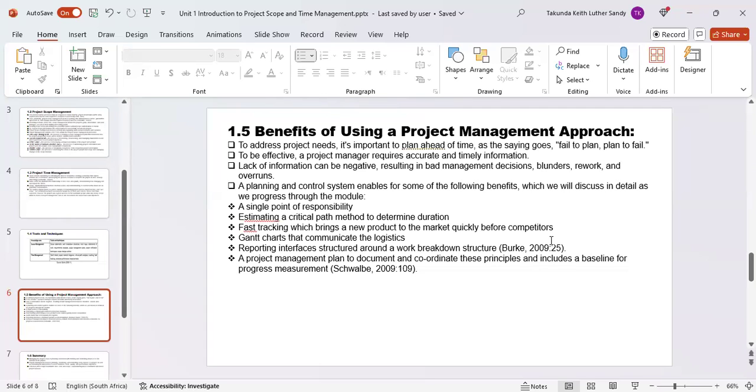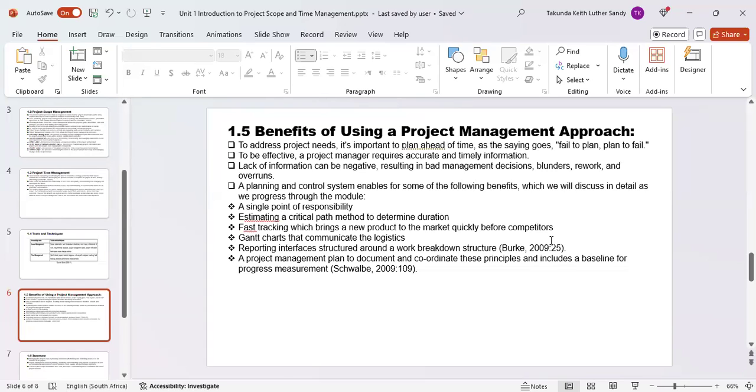All right. So when we use a project management approach, we are using a plan to tackle our project. It's very key and very important to do your project with a robust, well prepared plan. Why? Because it helps you eradicate a lot of risks and a lot of uncertainties that come up with projects.